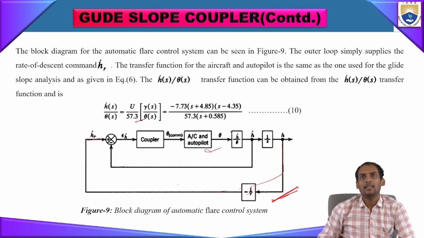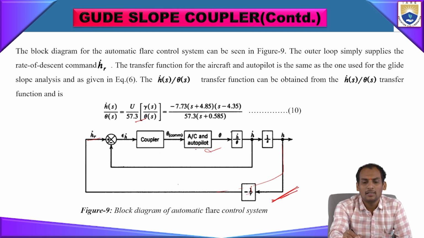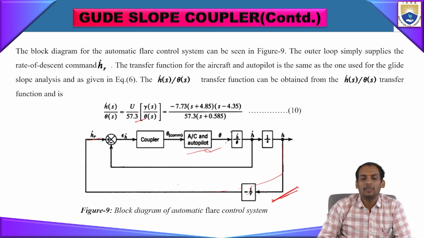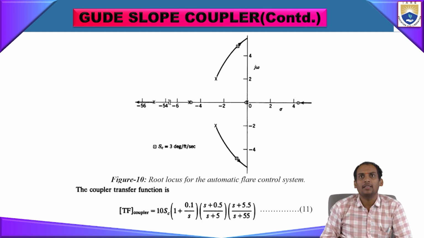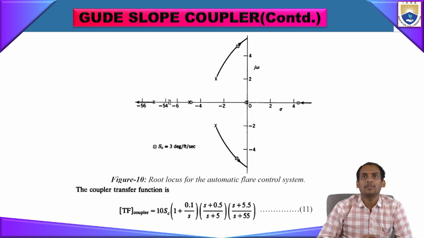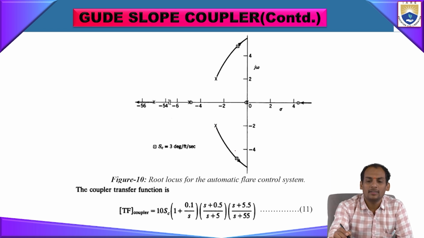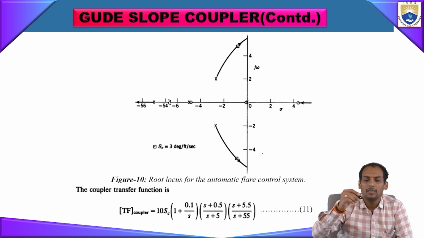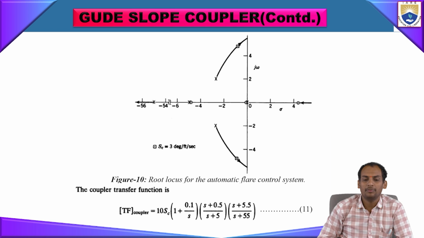So we are taking the transfer function for this autopilot system from the previous controlling system. For this, the automatic flare control root locus plot is given here. It is almost reaching the imaginary axis when the coupler sensitivity is 3 degrees per feet.